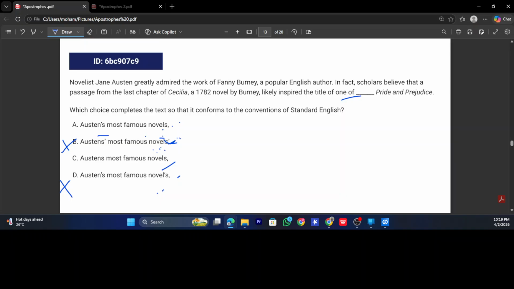So you need an apostrophe after any noun showing ownership. So A is your correct answer. D is incorrect because you don't need any apostrophes. C is also incorrect because they are plural nouns.